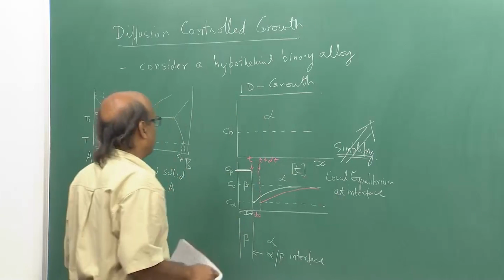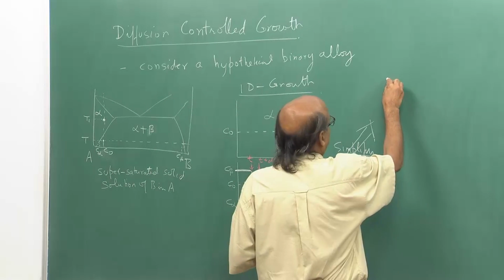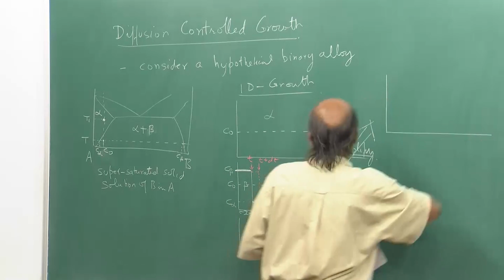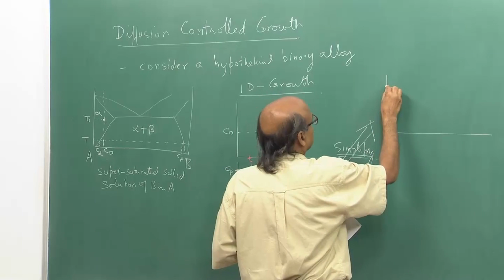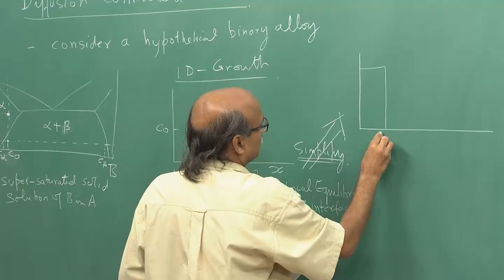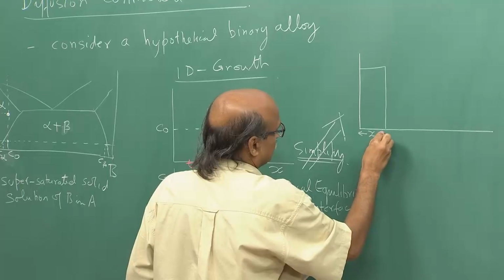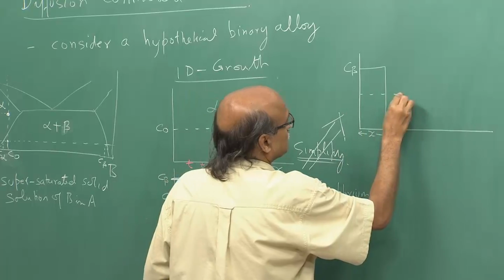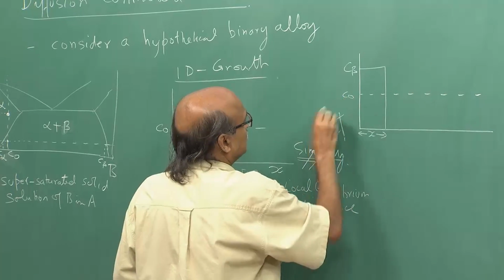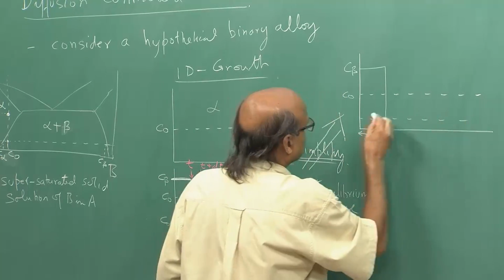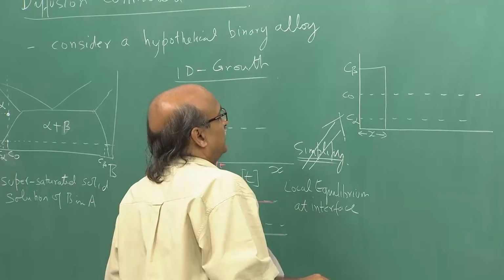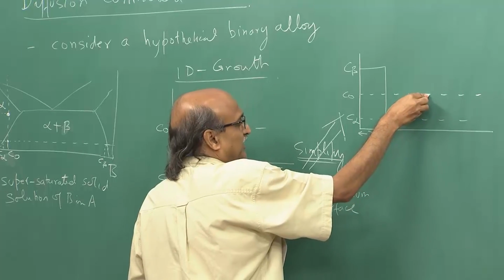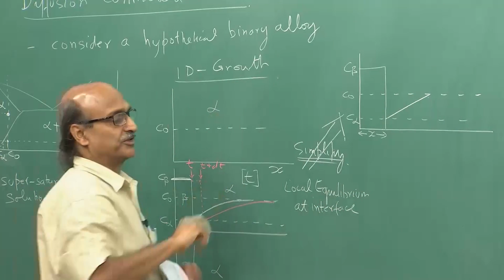In the simplified picture, the situation can be represented like this. This is C naught, this is C alpha, and within the alpha phase I have a linear concentration profile.